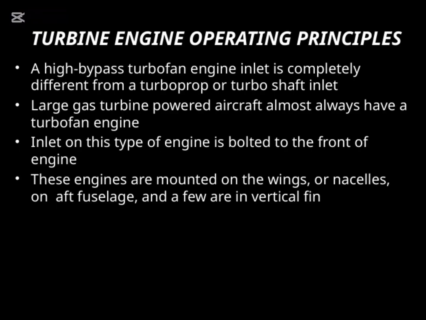This design helps maximize airflow into the core while minimizing drag and turbulence. Overall, the placement and design of the inlet are critical because they influence engine performance, fuel efficiency, and noise reduction, all of which tie back to the overall theme of optimizing aircraft propulsion systems.